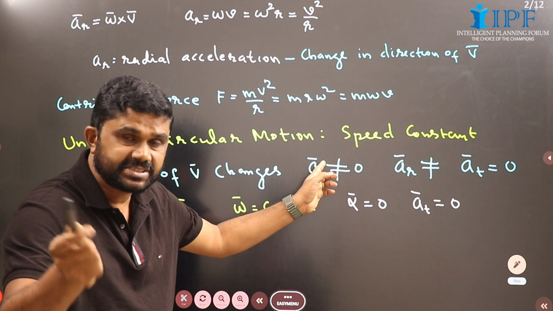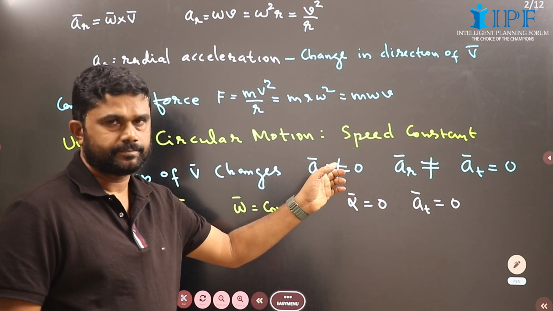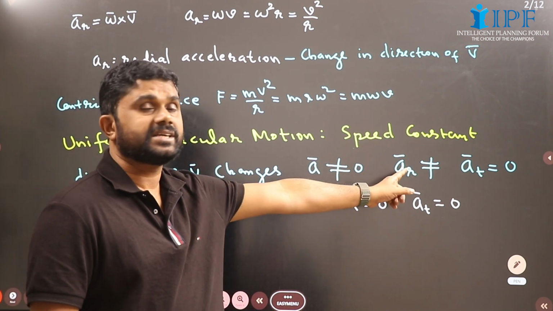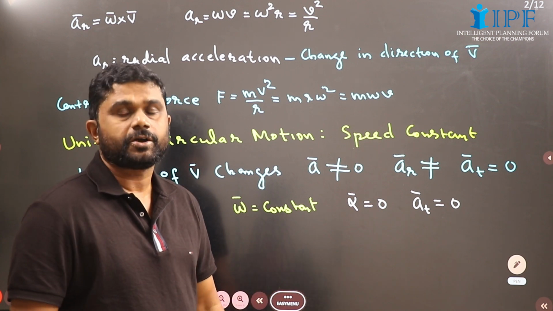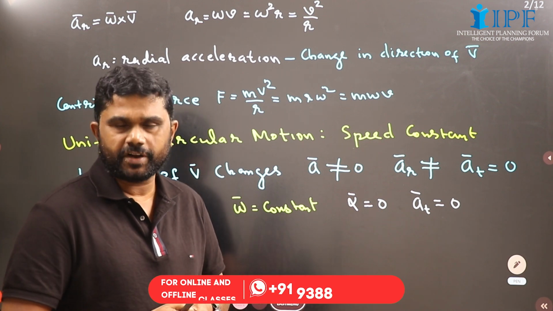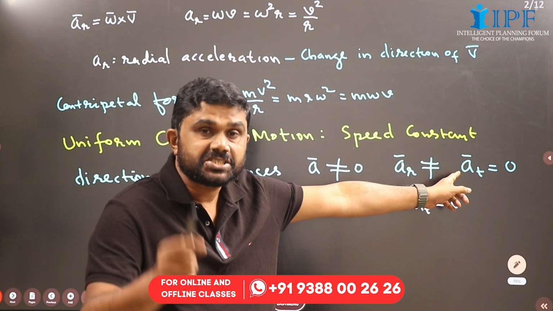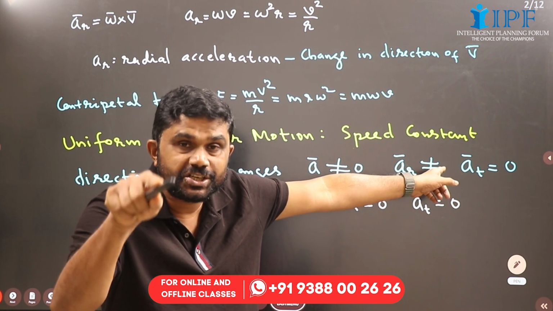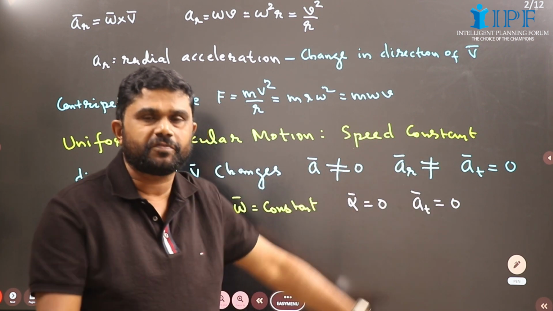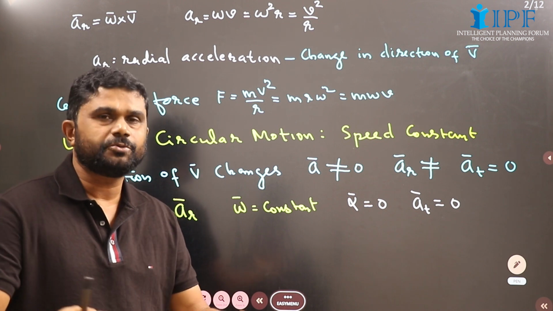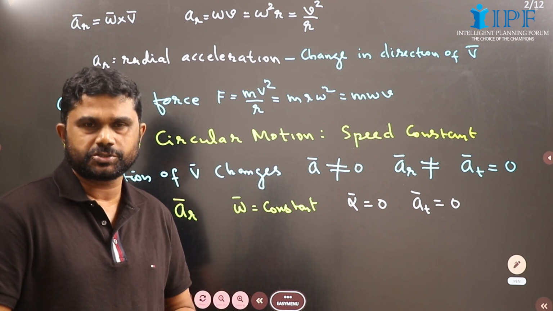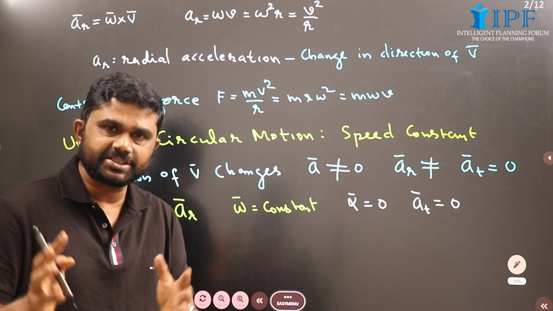It experiences a change in linear velocity. Radial acceleration is not equal to 0 because it is due to the change in the direction of velocity. But tangential acceleration is 0 because it is due to the change in the magnitude of linear velocity. Magnitude is not changing in uniform circular motion, so tangential acceleration is 0.